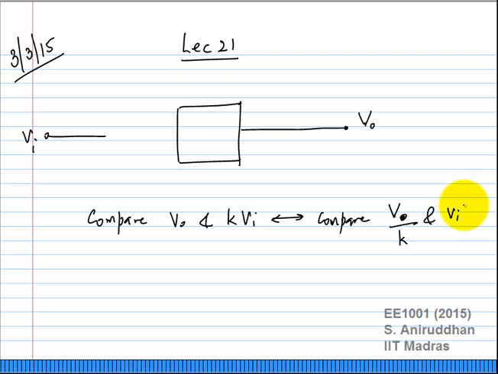I hope you all see this. I want to get VO to be K times VI. In other words, I want VI to be VO by K. So if I am able to generate VO by K and compare it with what I already have, which is VI, then I can go ahead and drive the controller appropriately.